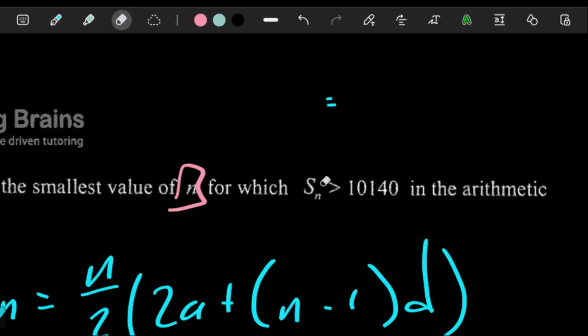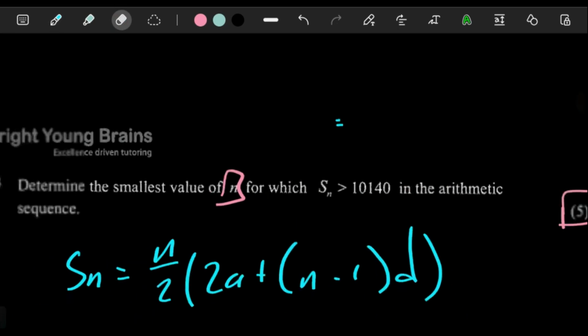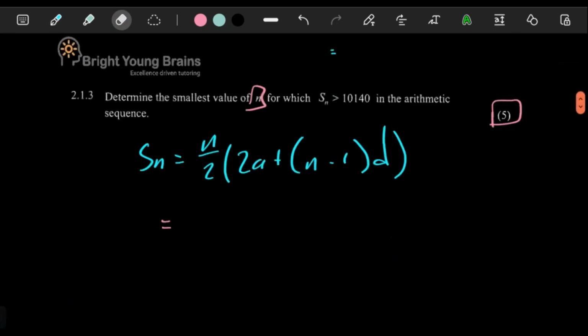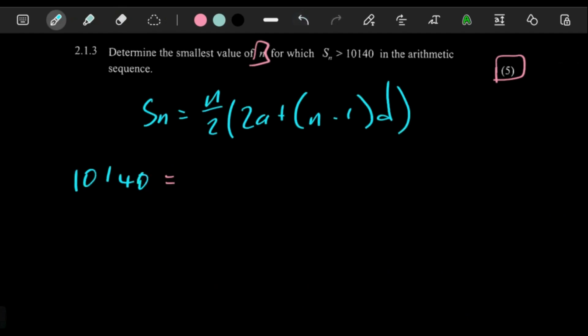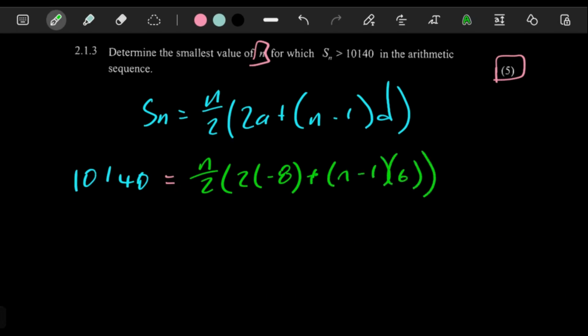And then let's see what you get here. So n, what is our value of n in this case? N is, we're working out n. A is, our first term was -8. And then our n is what we're looking for. Our d is +6. So solving for n here, we have to be careful. N over 2, -16. 6 times n is like +6n.